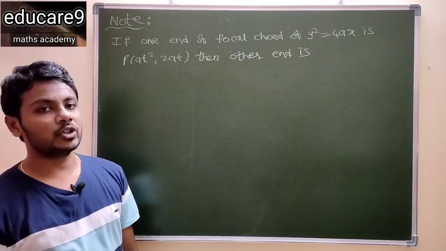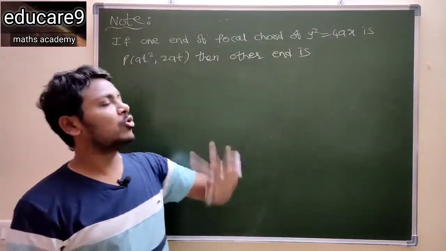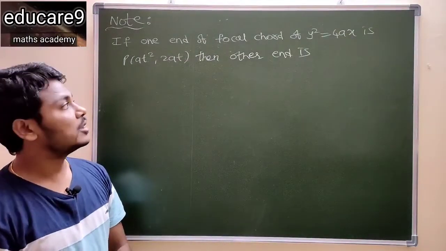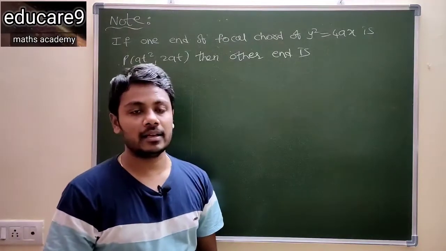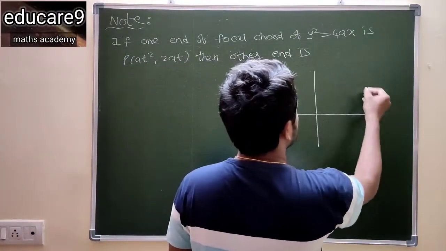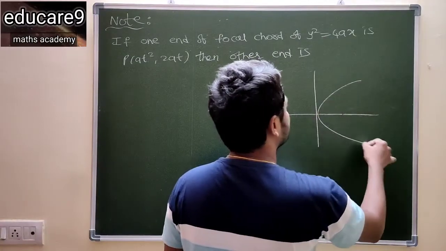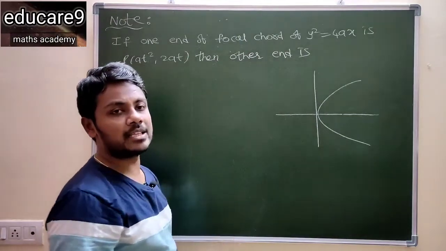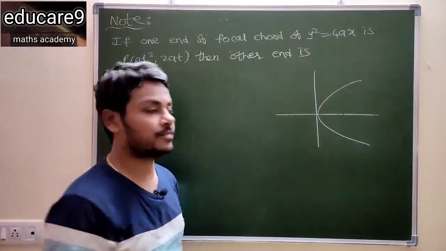See the next one. Note: if one end of the focal chord is (at², 2at), then find the other end. So see here, consider the standard form of a parabola. Focal chord means a chord passing through the focus.